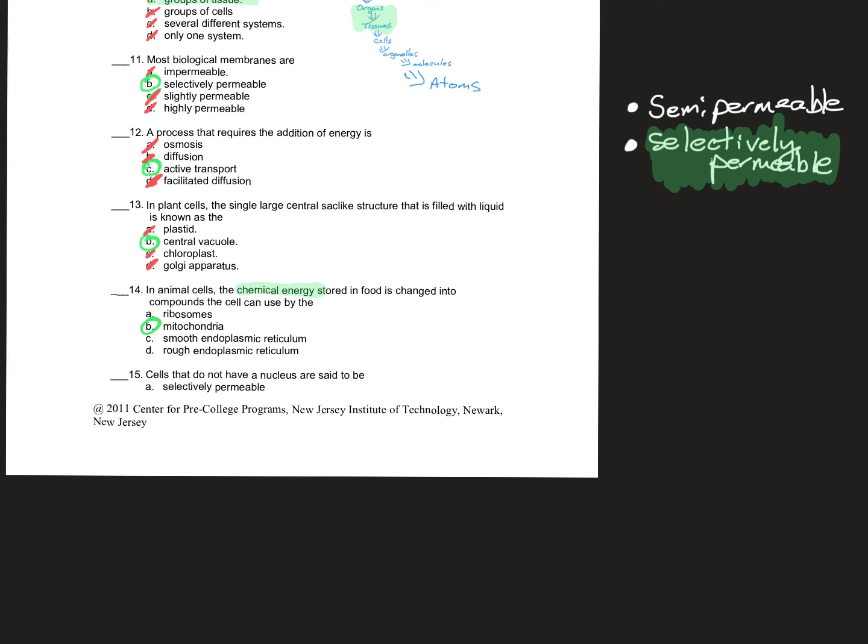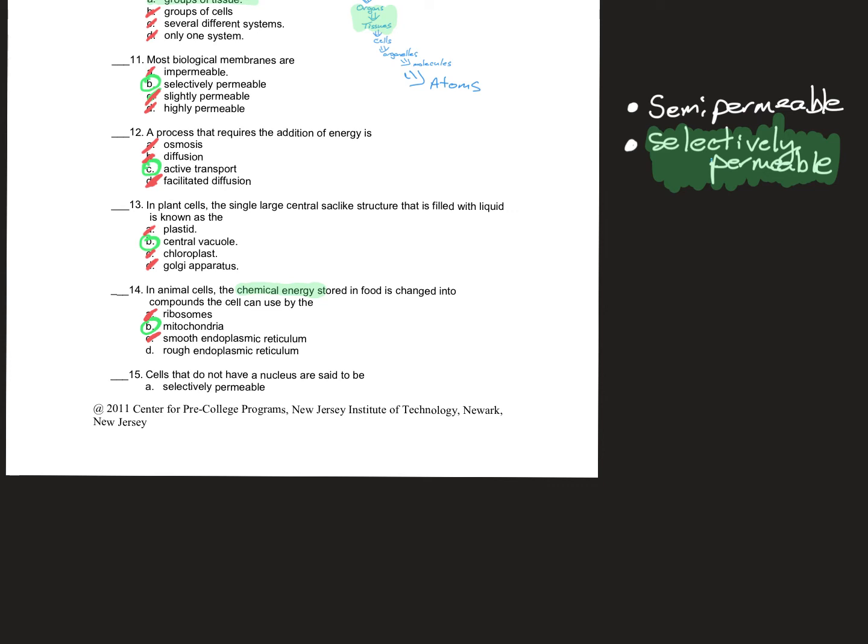So again, the ribosome makes proteins. It doesn't deal with the processing of energy. The smooth endoplasmic reticulum modifies proteins and sends them to the Golgi body to be packaged and further modified. It also makes lipids, detoxifies poisons, and does a lot of stuff.